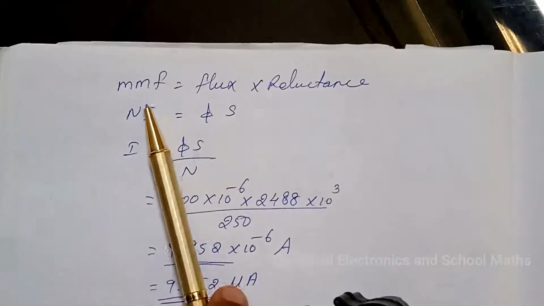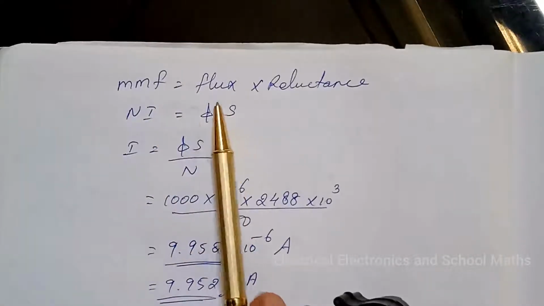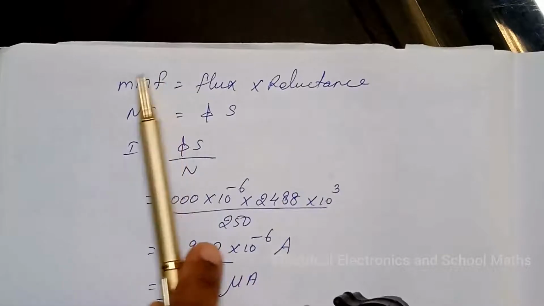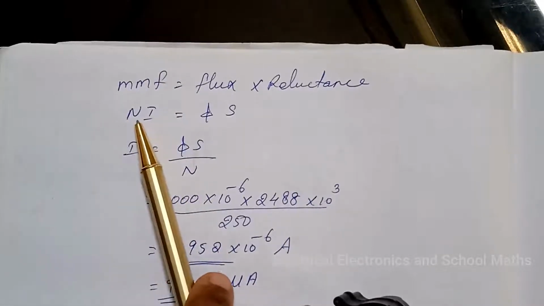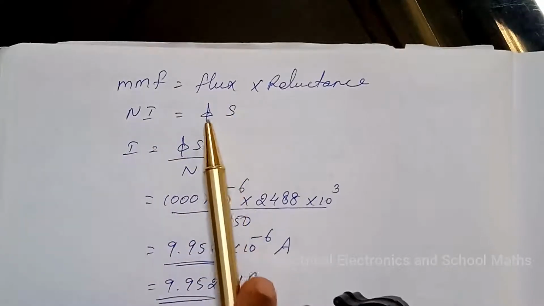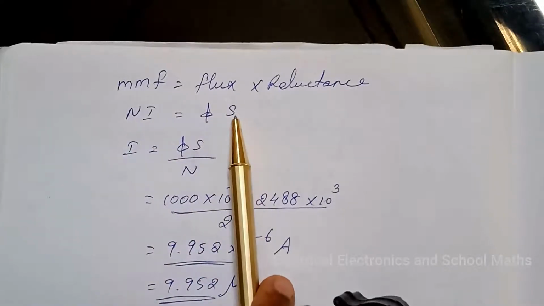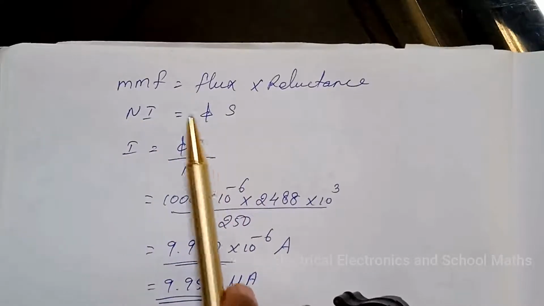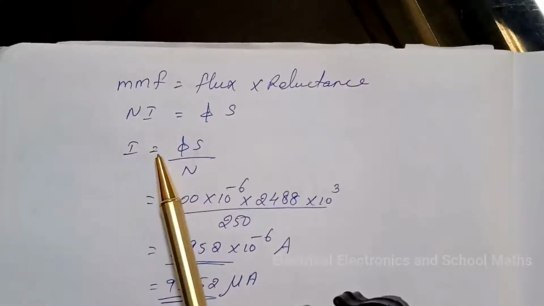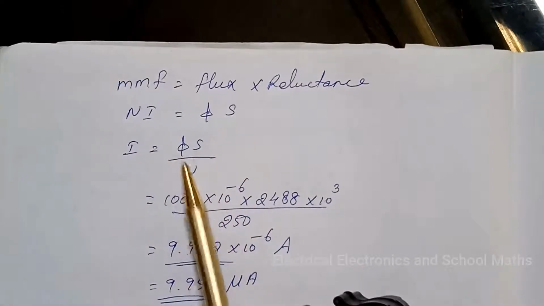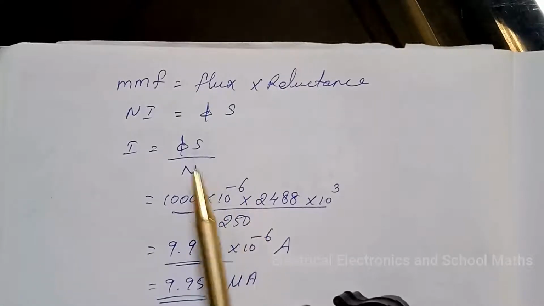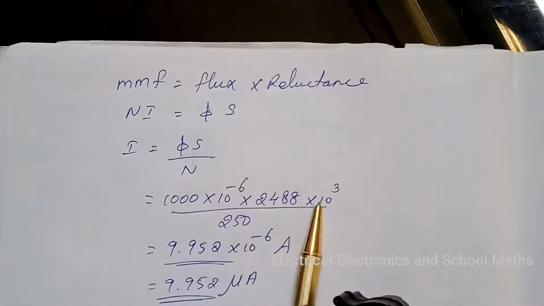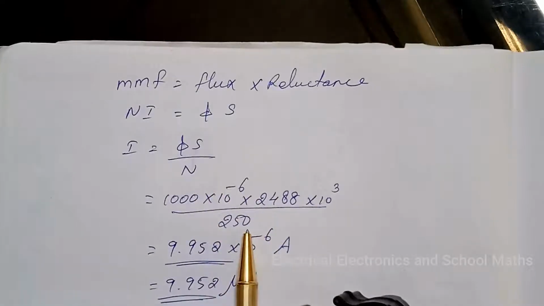For that we know mmf is equal to flux into reluctance, and mmf is given by N into I. N is the number of turns and I is the current, that is equal to phi into S. And here from this current I is equal to phi into S divided by N. Phi is given as 1000 microweber, that is 1000 into 10 raised to minus 6 into reluctance, and number of turns as 250.